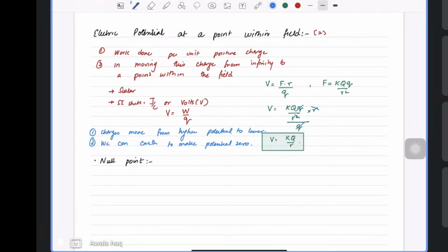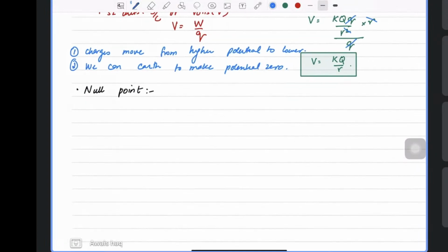Interesting. Now, keeping that in mind, we are going to talk about null point, and when we draw the graphs, I'm going to show you what exactly null point means.